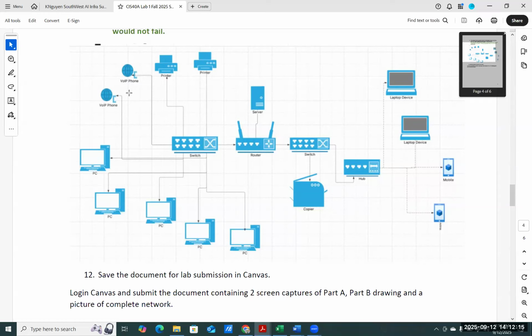So you would see that we would need a switch that is going to accommodate all of these devices. And then the student had added another switch here, right? To be able to connect the copier and also an additional hub. So the difference between this hub and the switch here is the hub is unmanaged, right?